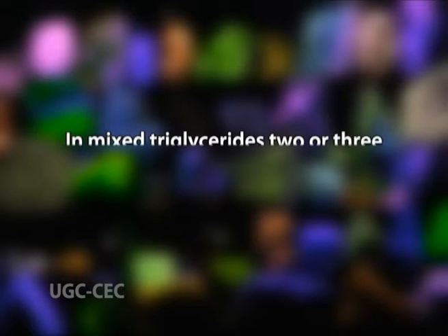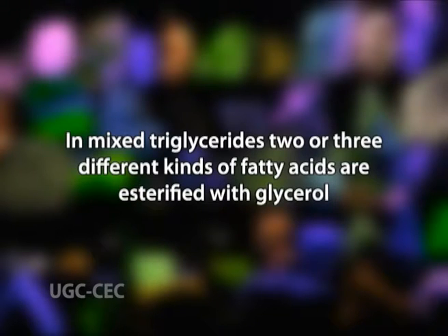In other words, in mixed triglycerides, two or three different kinds of fatty acids are esterified with glycerol. In nature, only few triglycerides are of the simple type, and most of the triglycerides are thus of the mixed triglyceride type.